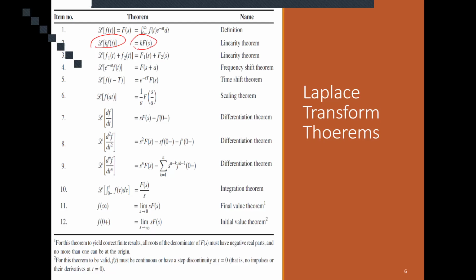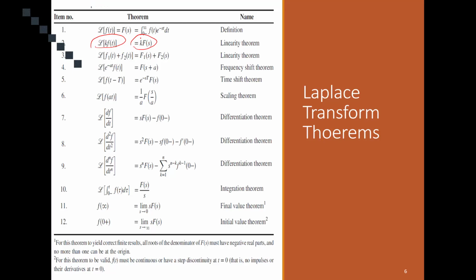Okay, now another point. We show the Laplace transform with that fancy L, and we always show the time domain with a lowercase letter for the function, so it's lowercase f, and the frequency domain, the s domain, with a capital letter. So don't mess up these two because it would create some confusion.